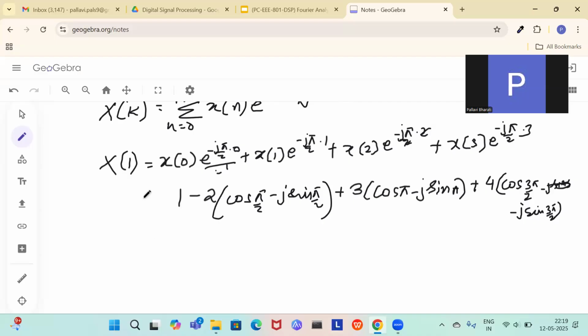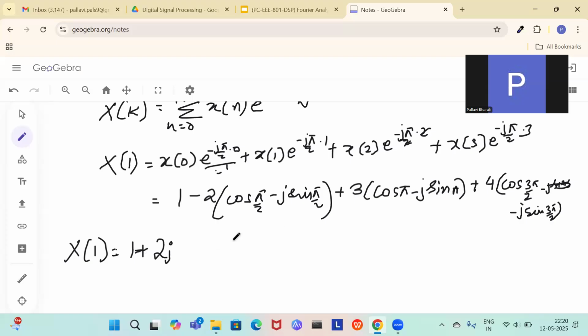So now this is x of 1, right? This is all we are writing for x of 1. X of 1 is equal to 1 minus cos pi by 2 is 0. So you have plus 2j. Here cos pi is minus 1 and this is 0.